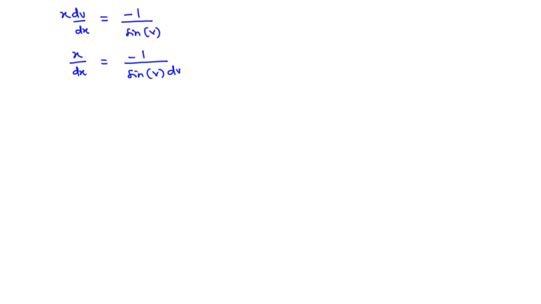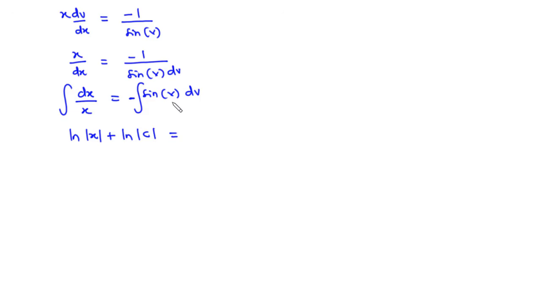Now we flip both sides of the equation, and then we have dx over x equals negative sine v dv. At this point, we've been able to put all x's on one side, all v's on the other side. So we are going to integrate both sides of the equation. So we are going to have ln of absolute value of x plus ln of absolute value of c equals, on the right hand side.